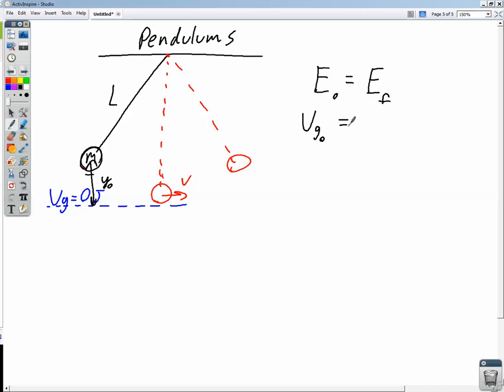And at the bottom, it's at our reference level, so there's no gravitational potential. It's just kinetic. So we've got m g y naught is equal to 1/2 m v final squared. And masses cancel out. We've got 2 g y. Take the square root. That's going to be the velocity at the bottom.